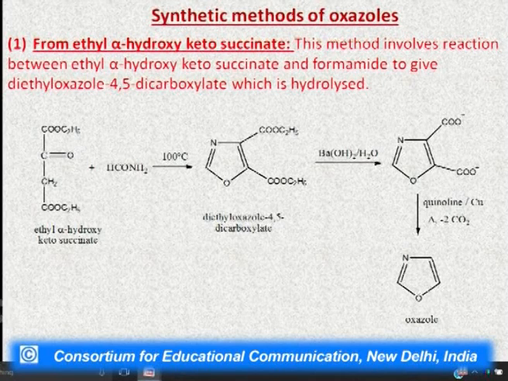Oxazoles can be prepared from ethyl alpha hydroxy ketosuccinate.